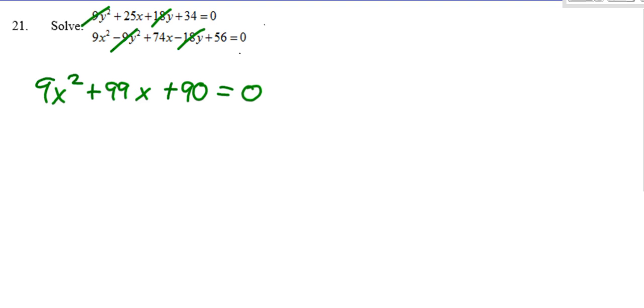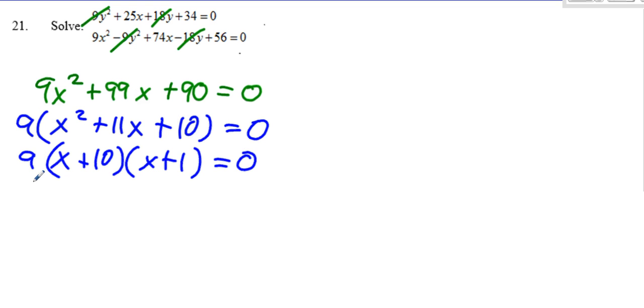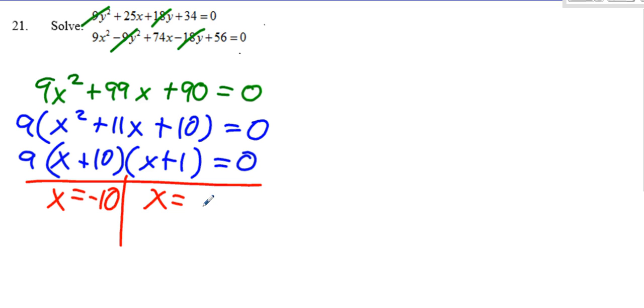There's a 9 that we can factor out from all of those terms. This is factorable: multiply to 10, add to 11, that's x plus 10 and x plus 1. So to get our solutions, you tee it up: x equals negative 10, x equals negative 1. So we have 2 answers for x.